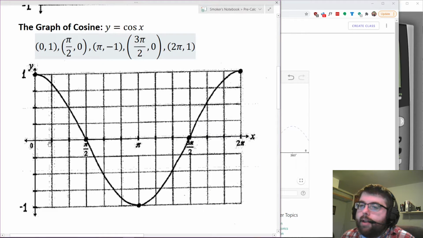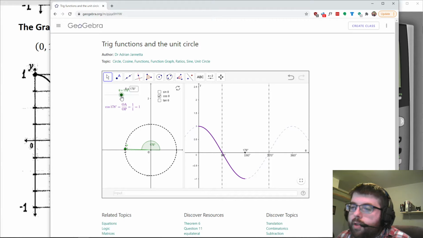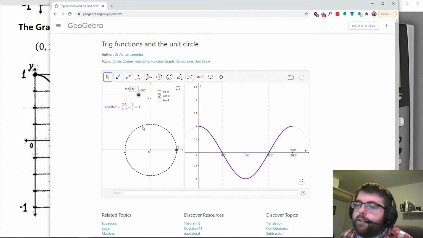This right here is going from 1 to 0 at the end of the first quadrant. So this region right here is the first quadrant. This region right here is the second quadrant. At the end of the first quadrant, it's now negative because the x values are negative. The furthest it gets away from the origin, the x value is going to be when it hits -1. And then it's going to work its way back. It's going to be 0, and then it's going to be positive again. And then it'll just keep on repeating, just like sine.